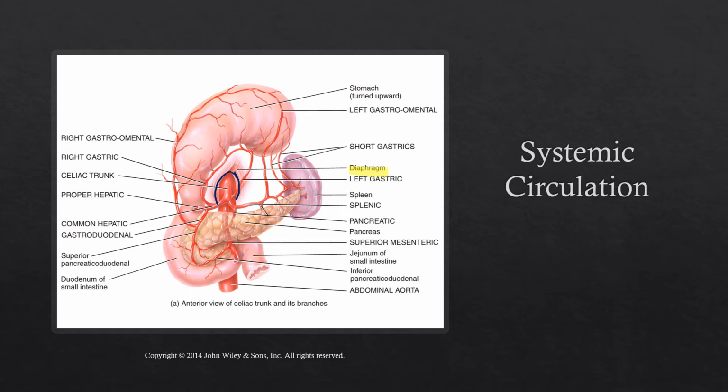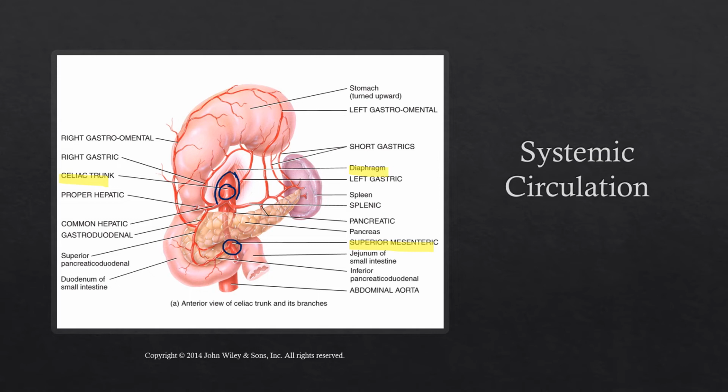The unpaired visceral branches arise from the anterior surface of the aorta, and these include the celiac trunk, which is right here in the middle, and the superior mesenteric right here, and then also the inferior mesenteric arteries. The inferior mesenteric artery just isn't labeled on this diagram.